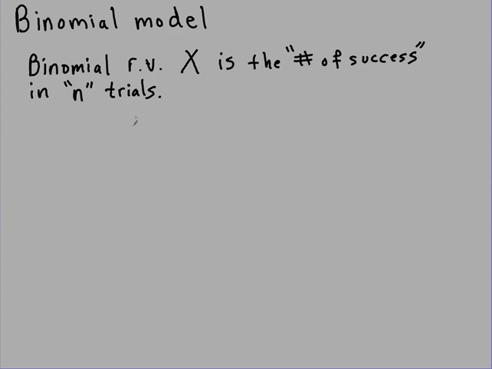So before we go any further, we have to talk about these trials for a second, because they have to follow a specific guideline. To be a binomial, these trials have to follow some rules. These trials have to be Bernoulli trials.